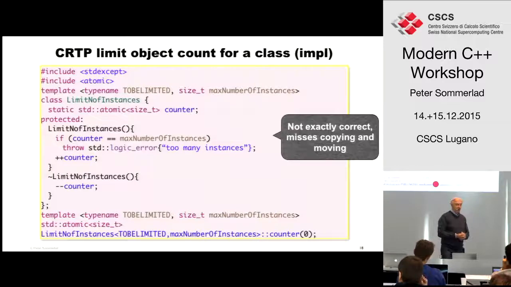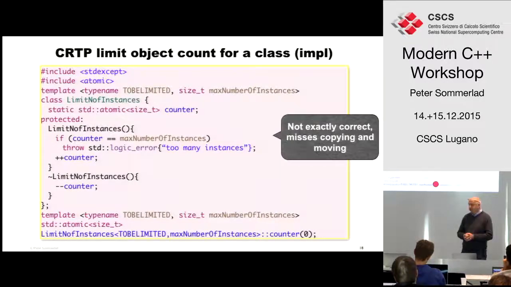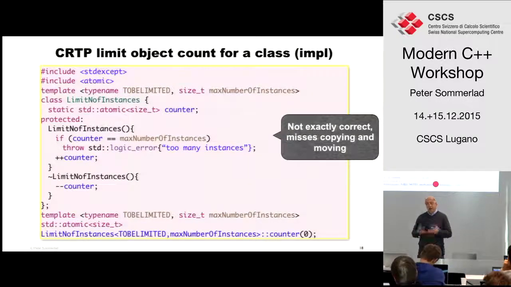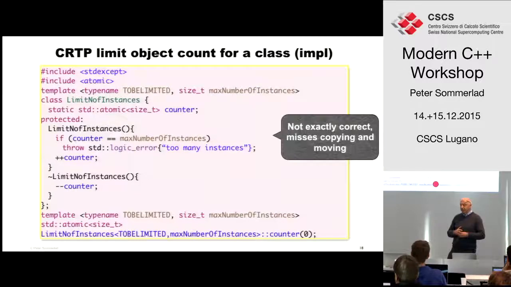And I use an atomic counter, so even if multiple threads try to create subclasses of limit number of instances more than the allowed numbers, the counter will be right, because multiple threads can increase the counter without throwing.